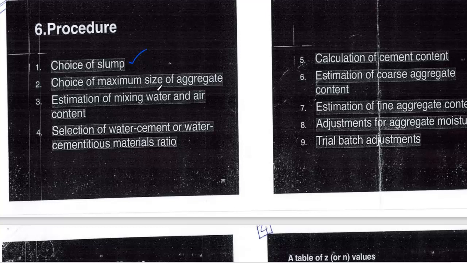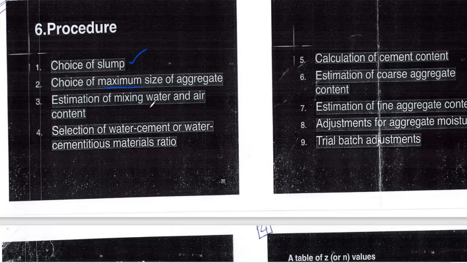Once you select the slump, then you can select the maximum size of aggregate based on your available materials. Usually in our country, we find what materials are available, then we find the maximum size of the aggregate, especially for the coarse aggregate.